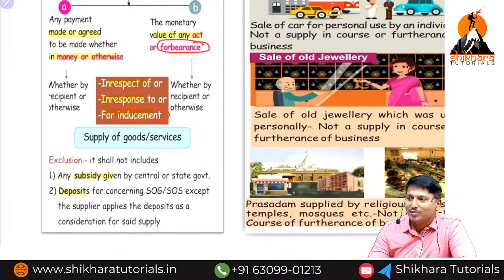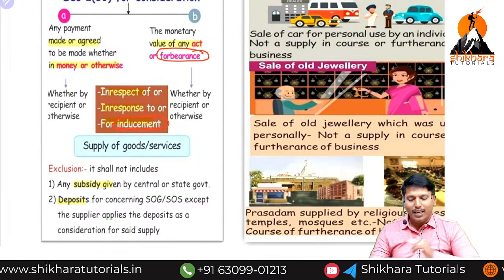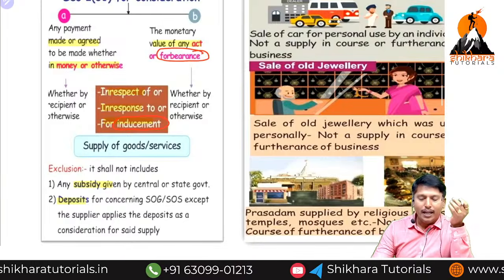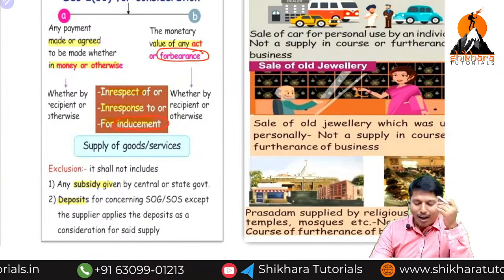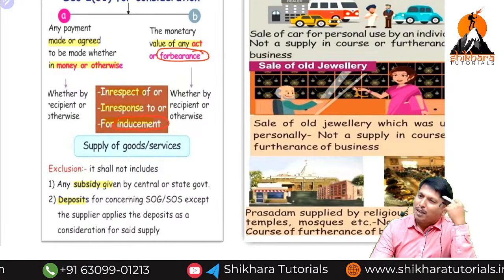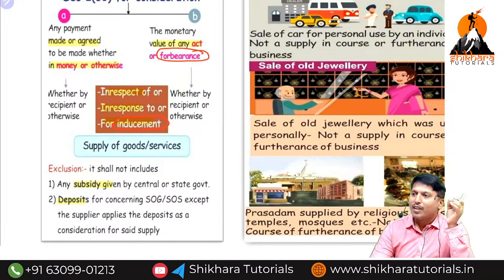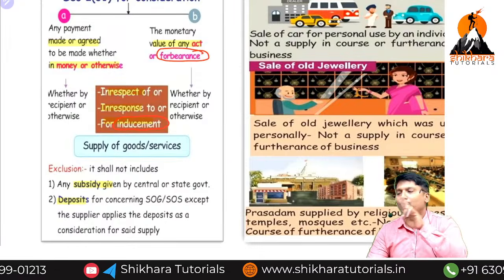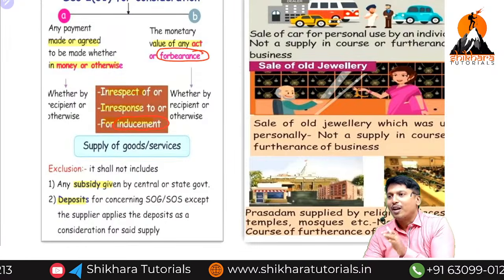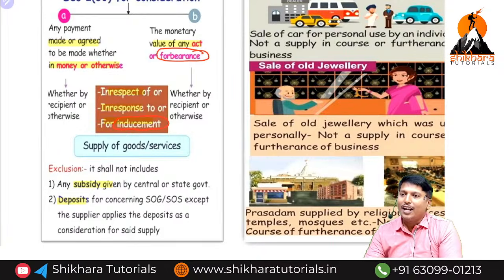You got it? So consideration means any payment made or agreed to be made in money or otherwise, or other monetary activity in response to forbearance. The two different words are what? Forbearance and other inducement.